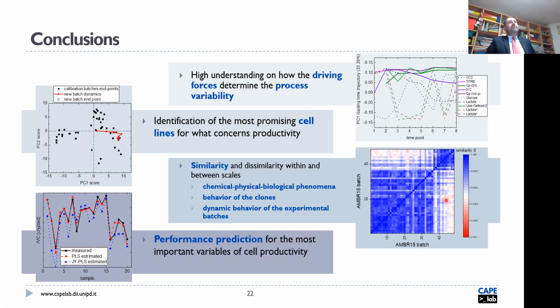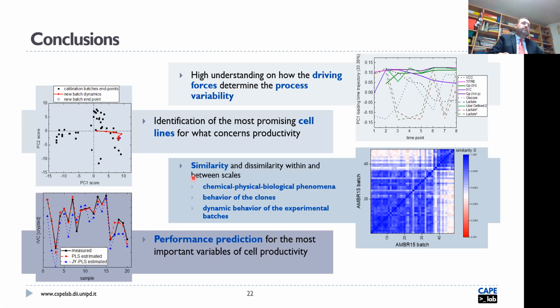Well, so in conclusion, I can say that we developed machine learning techniques for assessing information about the most important driving forces within the biopharmaceutical process in all the scales. We developed tools for mapping the cell line performance in terms of productivity, for the early identification of the most promising cell line to be progressed in the scale-up, and for the prediction of the productivity of the cell line also across scales.